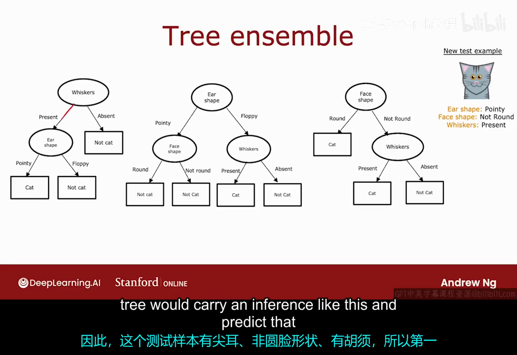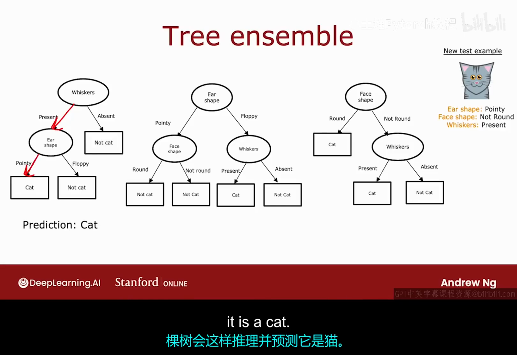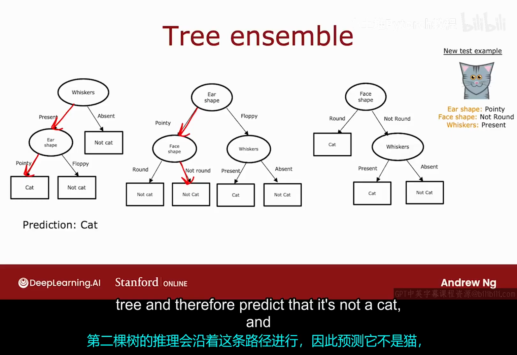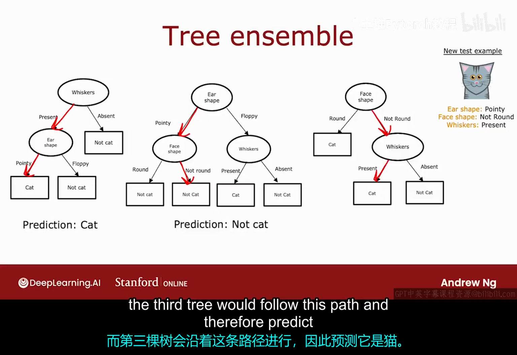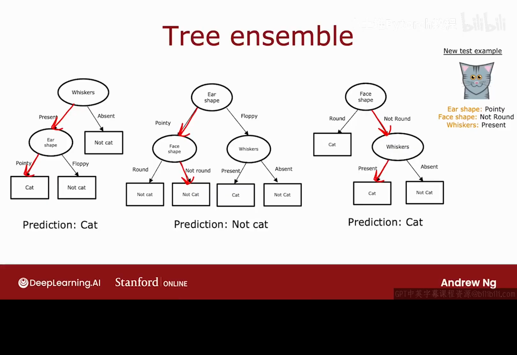And so the first tree would carry out inference like this and predict that it is a cat. The second tree's inference would follow this path through the tree and therefore predict that it is not a cat. And the third tree would follow this path and therefore predict that it is a cat.